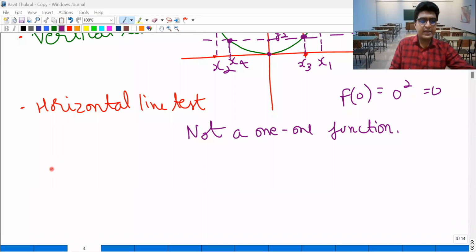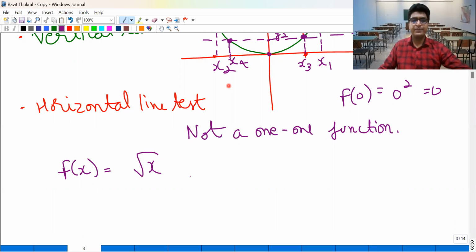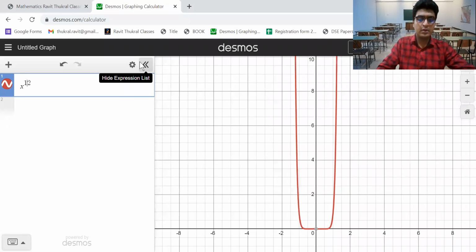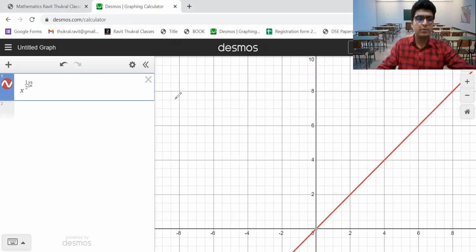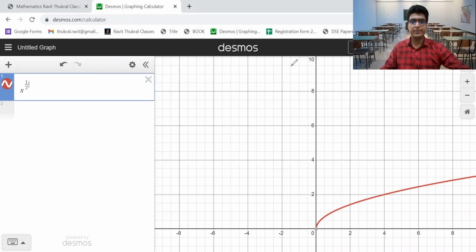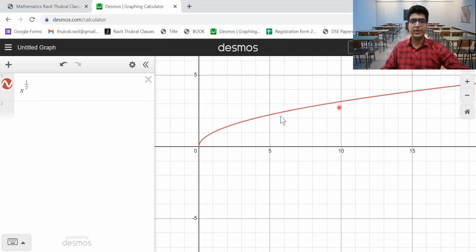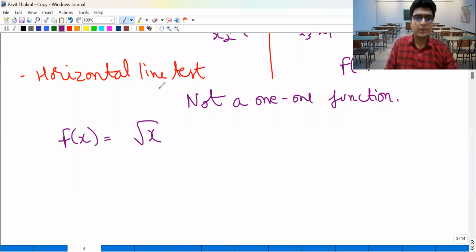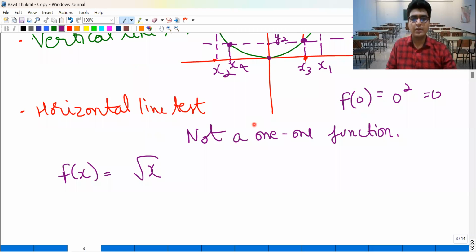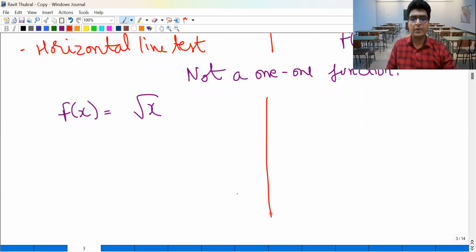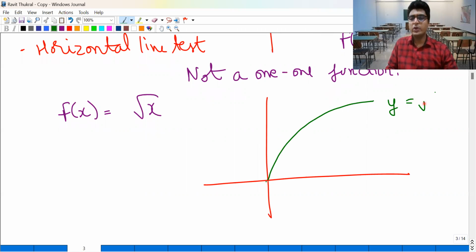But if I take the function f(x) equal to root x, root x looks like this. This is y equal to root x.